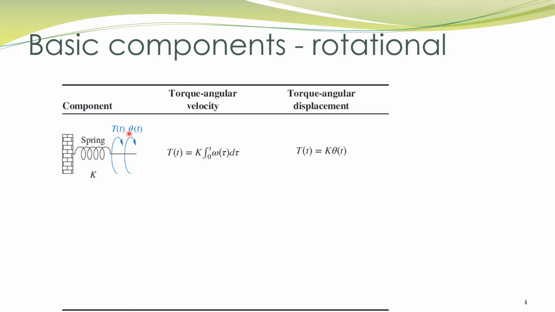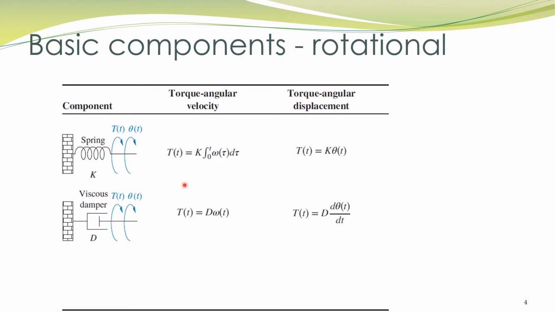This torque and angular displacement are related by this equation. That is, the angular displacement is proportional to the applied torque. The proportionality constant K is the property of the spring and is called the spring constant. The same equation can also be written like this one, where omega is the angular velocity, and we know that the integral of angular velocity is the same as angular displacement.